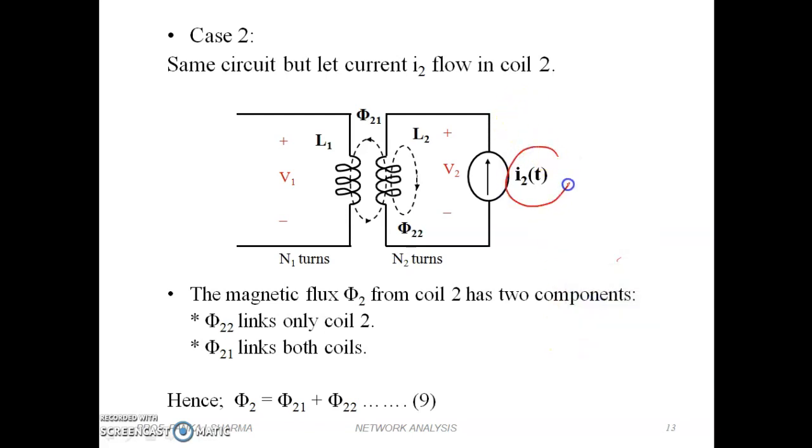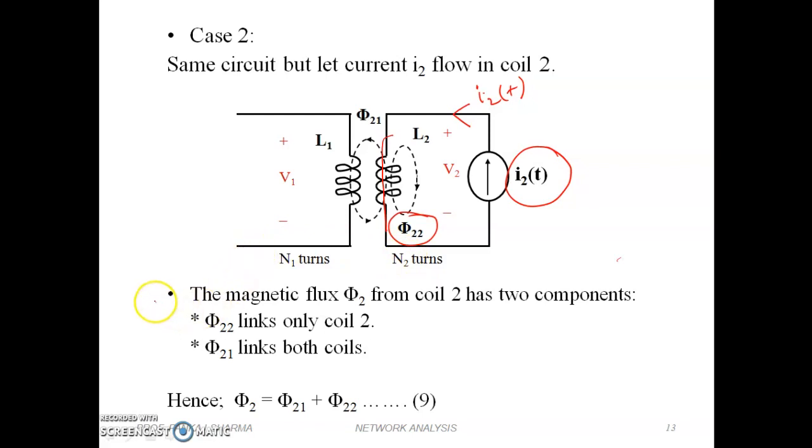This I2 is flowing through this inductor and there is production of flux. This flux will also have two components. One will be self-linking and another will be linking to the inductor placed in its proximity or neighborhood. Whichever inductor is in its neighborhood will have an association with it.